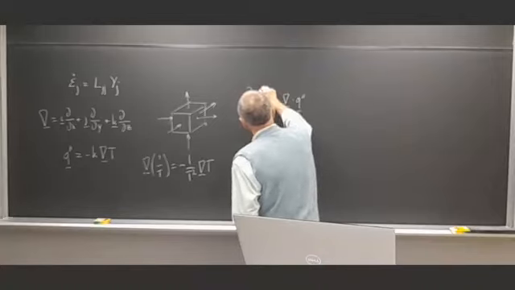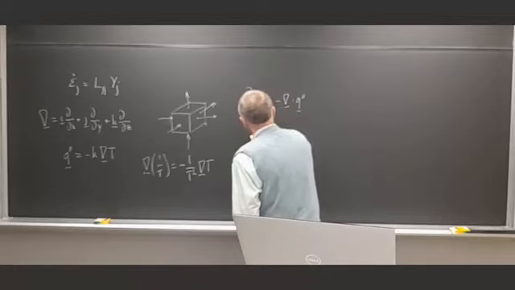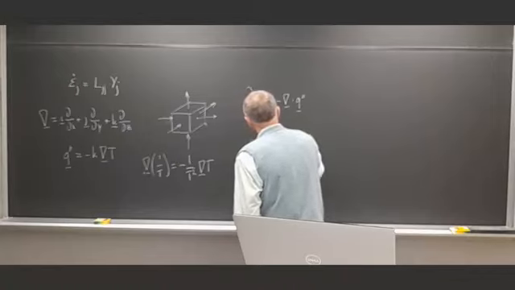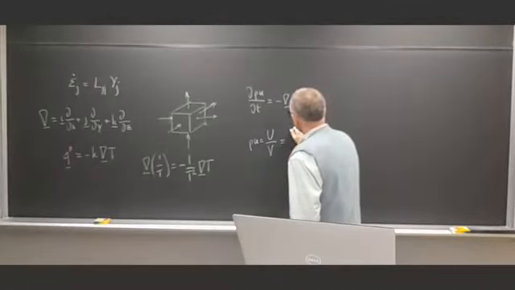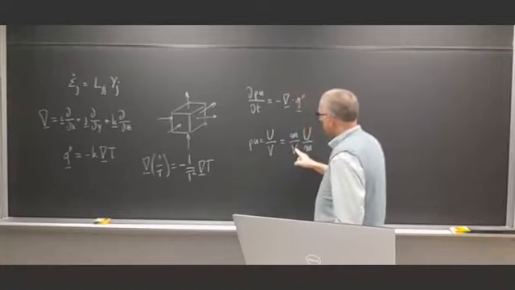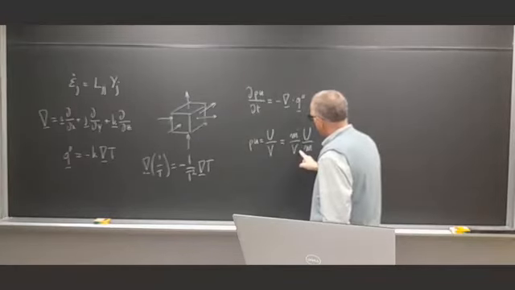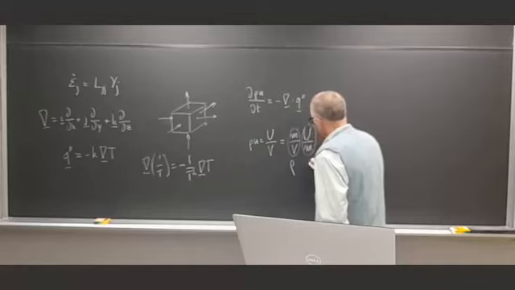okay, this rho U, let's say that rho U is the energy per unit volume, okay? So you could write it as m over v times u over m. And so by seeing that, you see this is rho, and this is u.